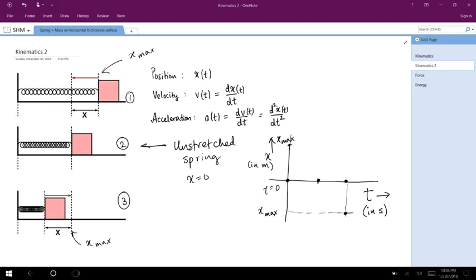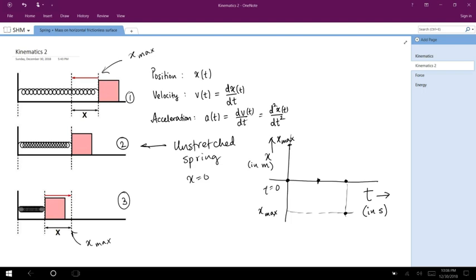Okay, so we know this about the position, but what about what happens in the middle? Initially, at the very beginning in position 1, when the spring was fully stretched, the block wasn't really moving very fast. So the way x, or position, changes is actually slow until the block gains velocity.